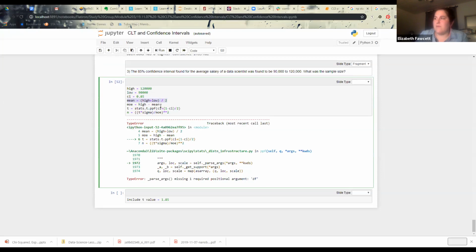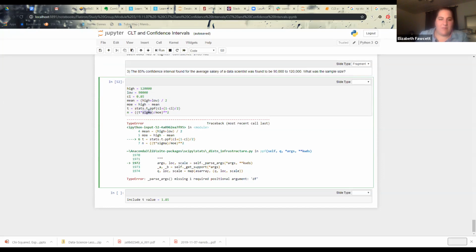Then I solved for my margin of error. Then I put this in to calculate my t-value, and I went ahead and set everything up to calculate for n. And this is kind of when I was like, oh, I need the sigma. I need the standard error for all of this stuff, but I hadn't run this cell yet.